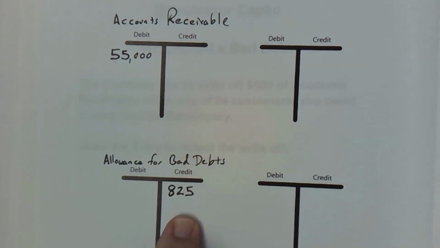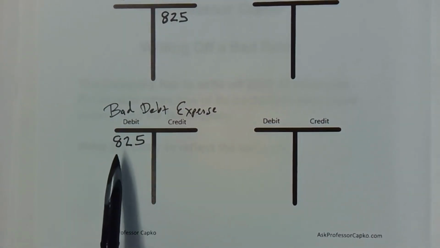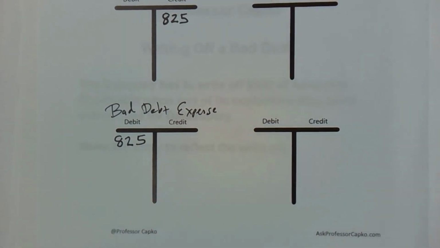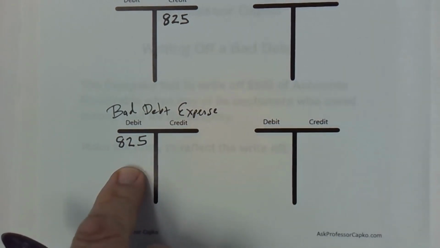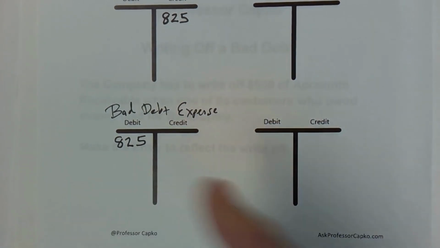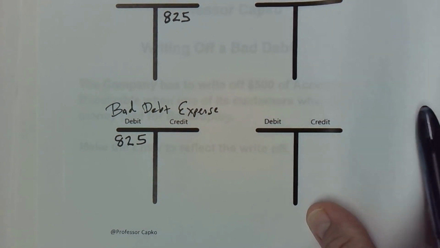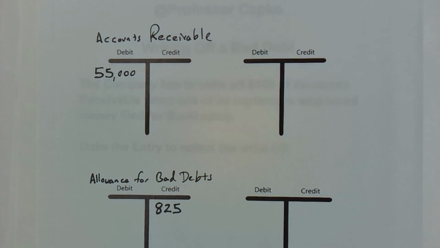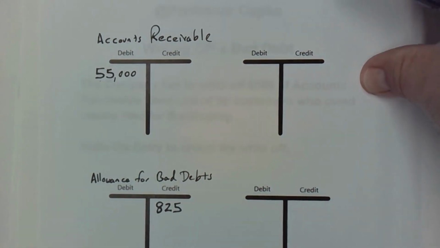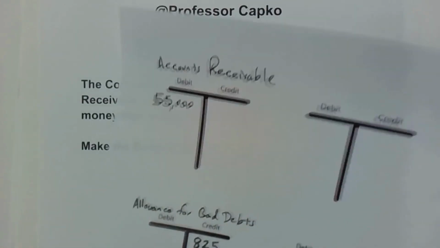This is a contra asset account. It offsets our accounts receivable, and we expense that at that time. So as I explained in detail in that video, we expensed the $825 at the same time as we booked the revenue of the $55,000. So our expenses and our revenues matched up.